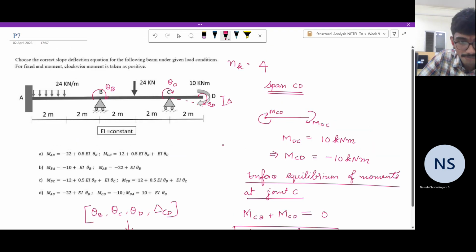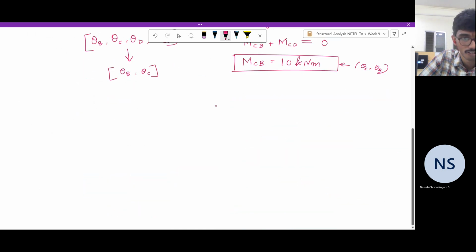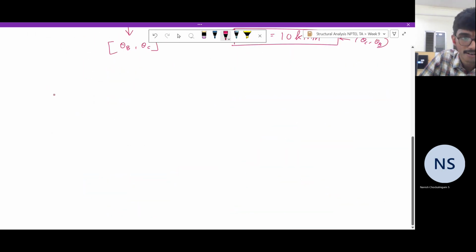Now let us write down the slope deflection equations for each span. So for span AB, there is a uniformly distributed load up to half of the span, and the rest is not loaded. So the first task is to determine the fixed end moments for this span.